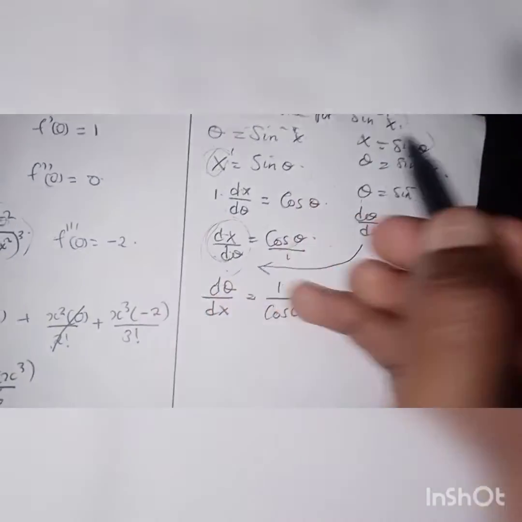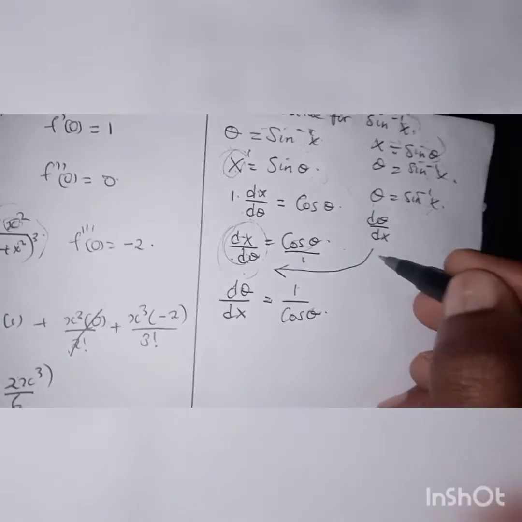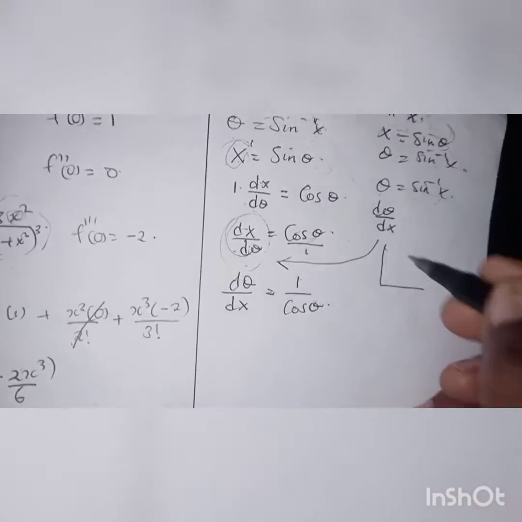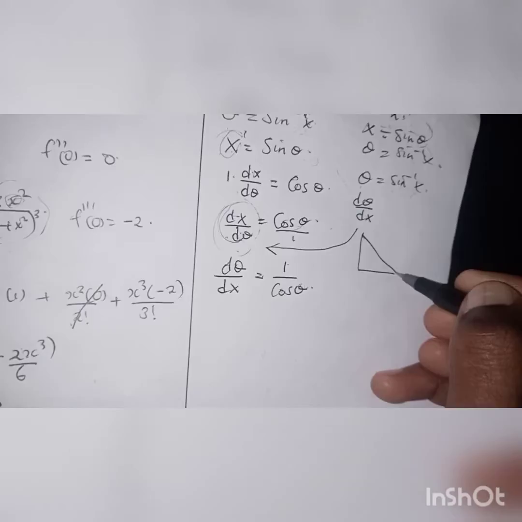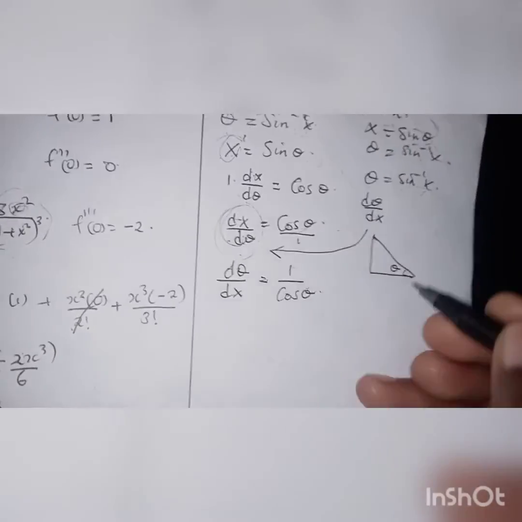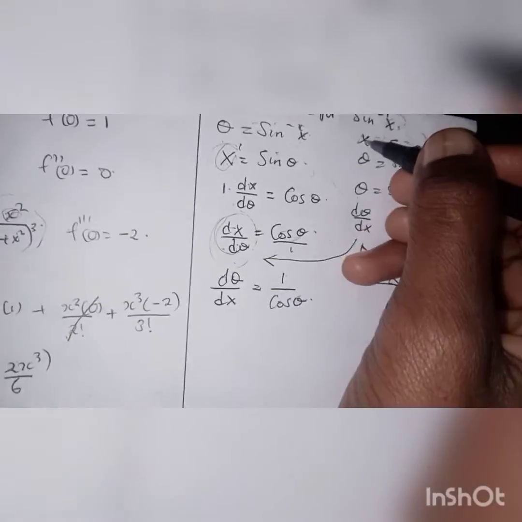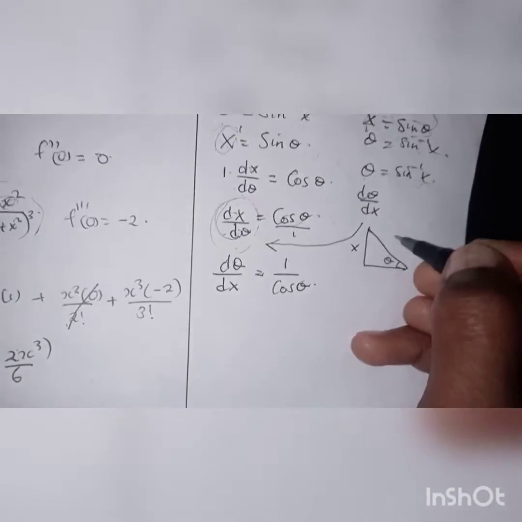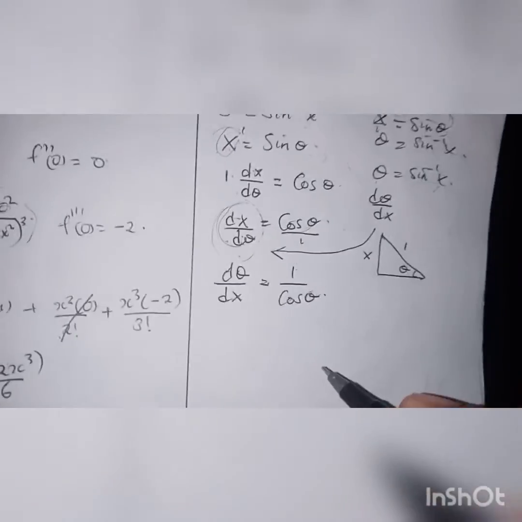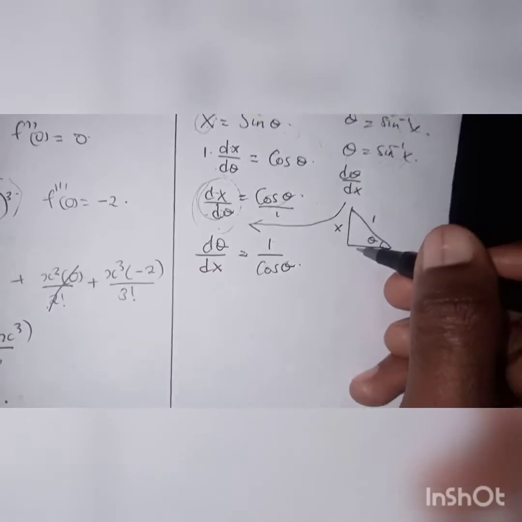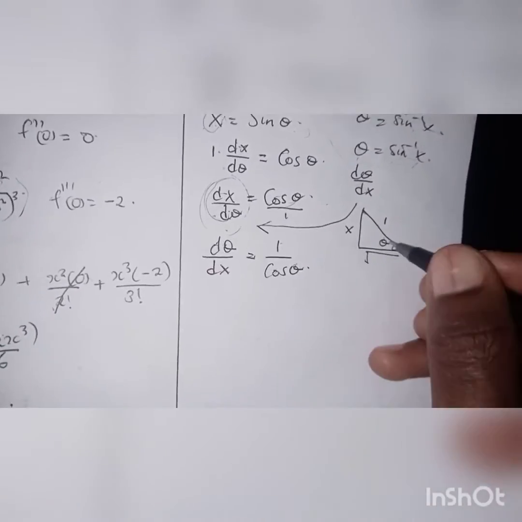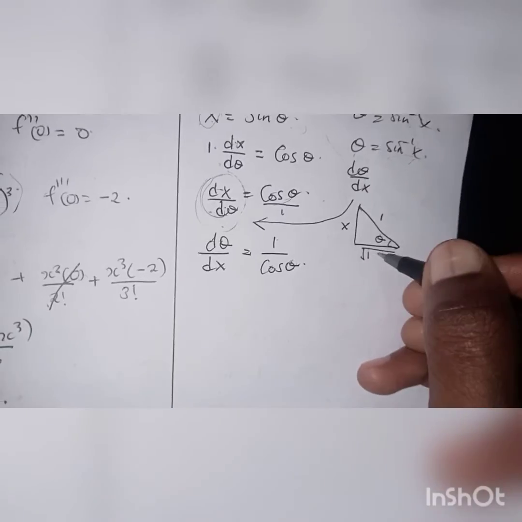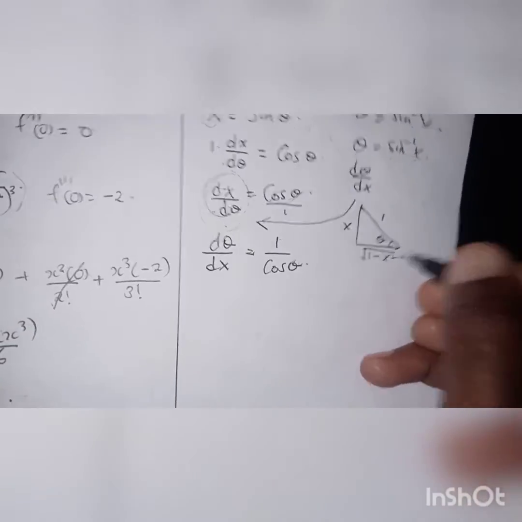Assuming our x was sine theta, assuming we have this triangle, so that this one is our theta. So sine theta is just x over 1. Sine theta is opposite over hypotenuse. Therefore the adjacent should be square root of what? 1 squared minus x squared. Now this one is our adjacent.